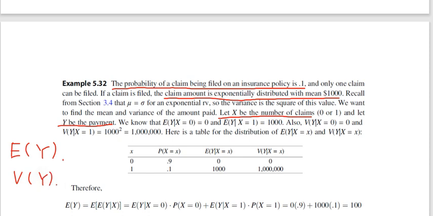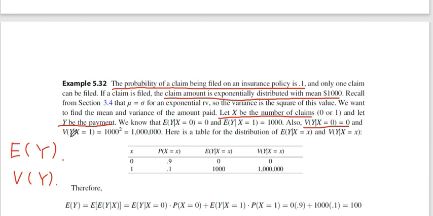So payment: when X equals 0, the number of claims is 0, then payment is 0. When X equals 1, the average payment is 1000. And here when X equals 0, the variance: Y is 0, payment is 0, so the variance is 0.